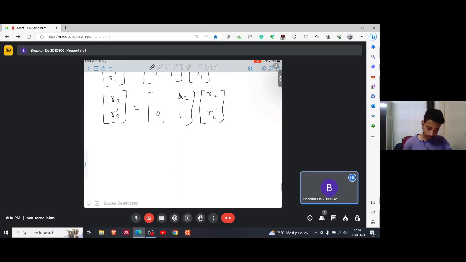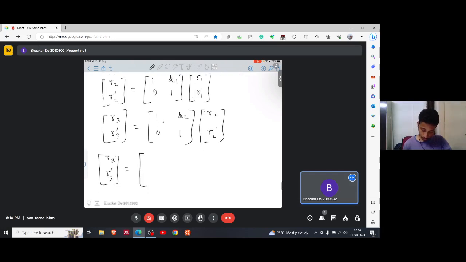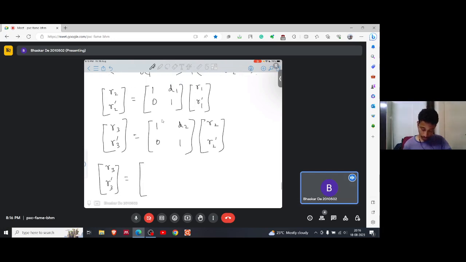So now what we will do, we will write R3 dash equal to, I'll replace this R2 by this thing.